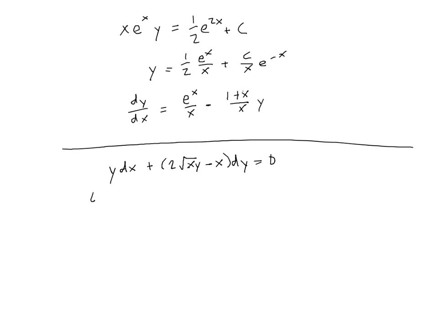So what we're going to do is try a substitution. In this case, I'm going to say y is equal to vx. It's sort of a random choice, but when you've worked out enough problems, your intuition gets a little bit better, and you can try the right substitution and get the right answer faster.